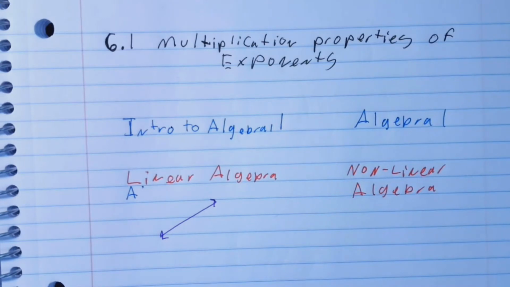For our purposes, we're going to start with multiplication properties of exponents. You have done these before, although we might be getting close to where you stopped doing school last year. I'm not really sure where you left off, and I bet you guys don't know what you missed, right? Because you weren't at school.